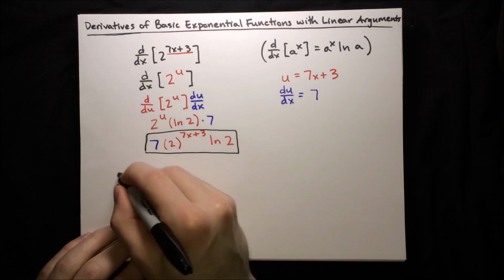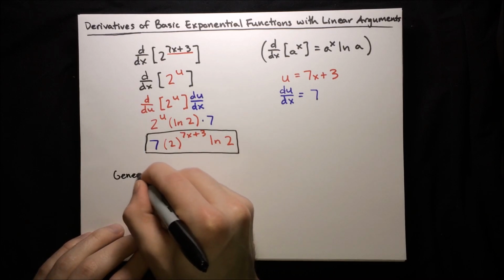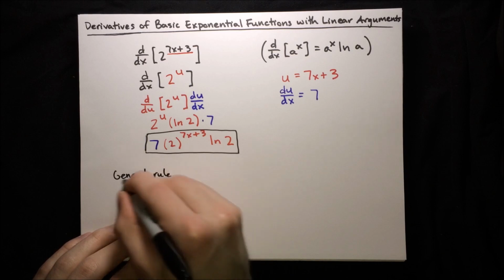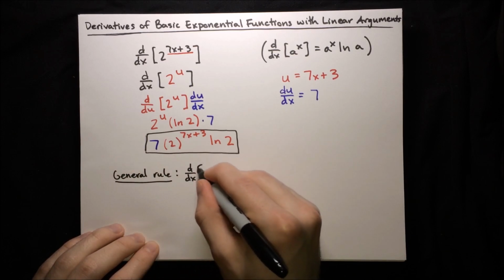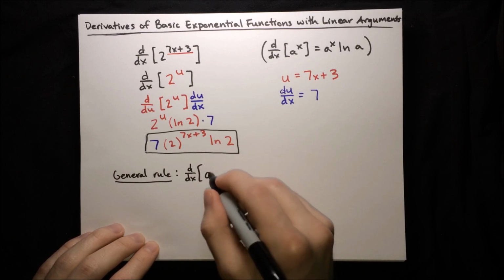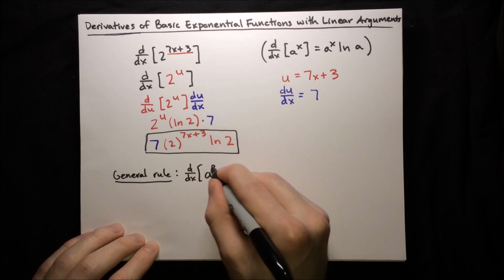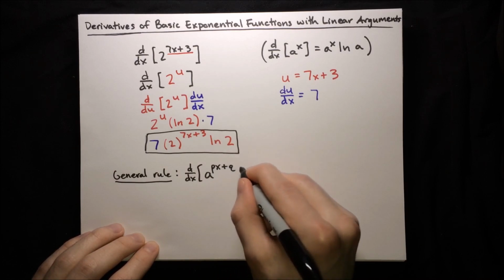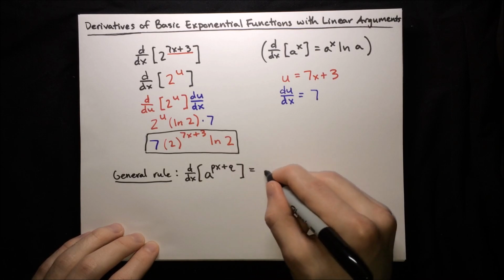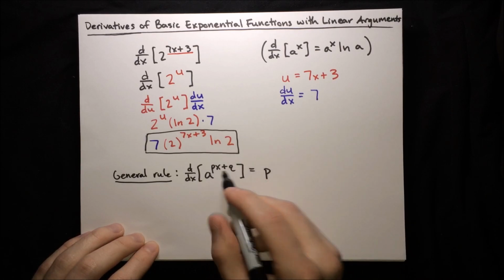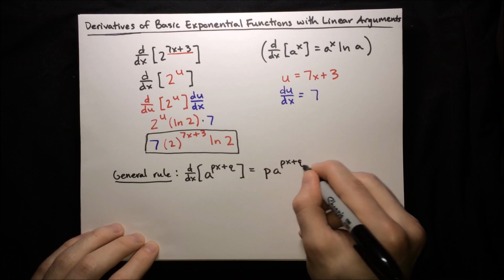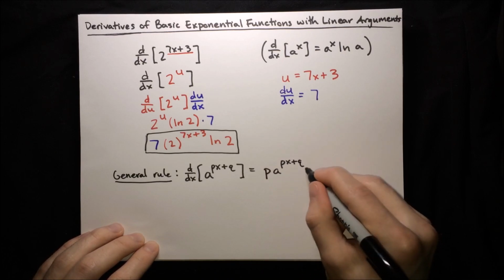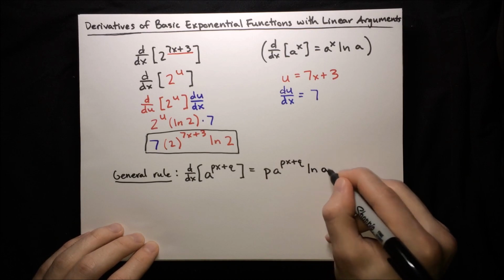And this leads us to a general rule. In general, the derivative of some number a raised to a linear power, px plus q, is just p, the coefficient on the x, times a to the px plus q, which is our original expression, and then times natural log of a.